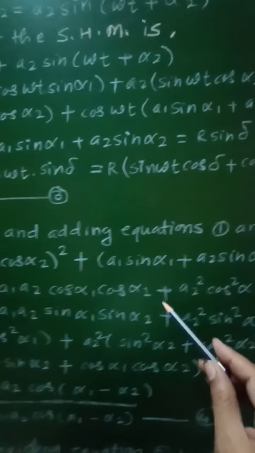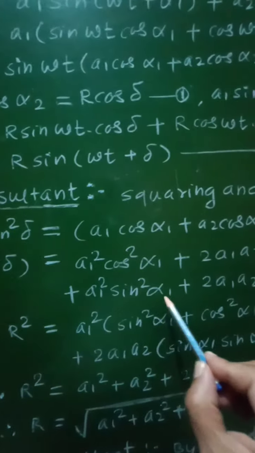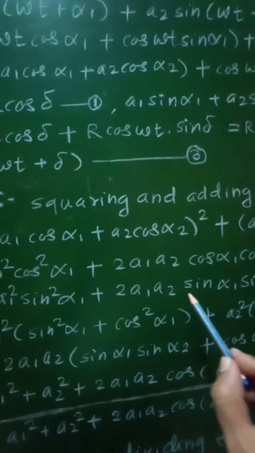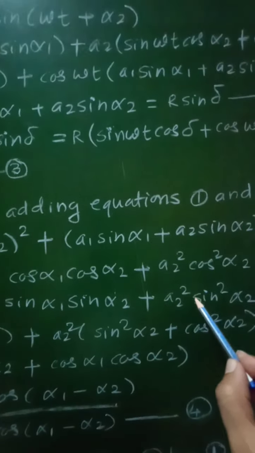Then the second bracket will be expanded as A1 square sin square alpha 1 plus 2 A1 A2 sin alpha 1 sin alpha 2 plus A2 square sin square alpha 2.